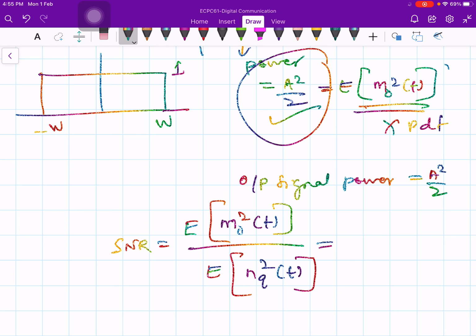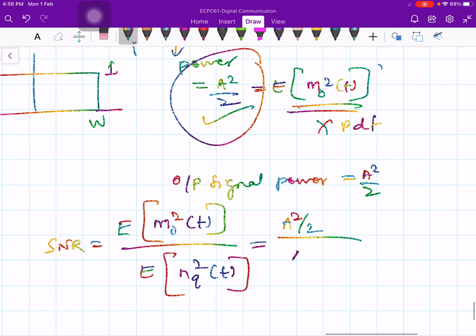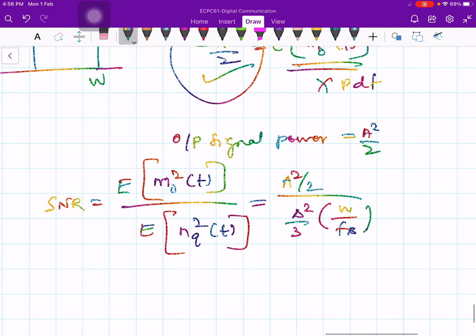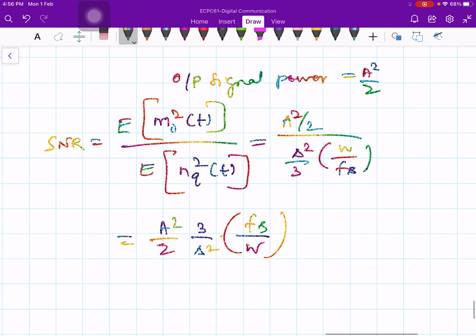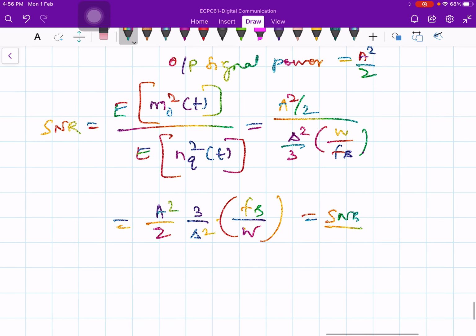Both we have calculated. This is A squared over 2, and in the denominator we have delta square by 3 times W over fs. Rearranging, you will get A square by 2 times 3 by delta square times fs divided by W. This is the signal to noise ratio of the delta modulator.